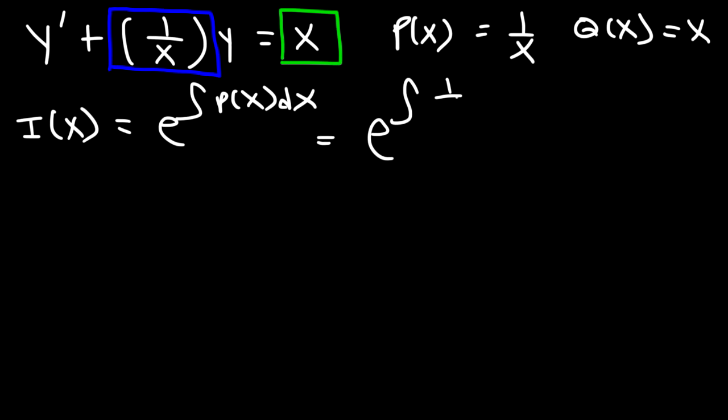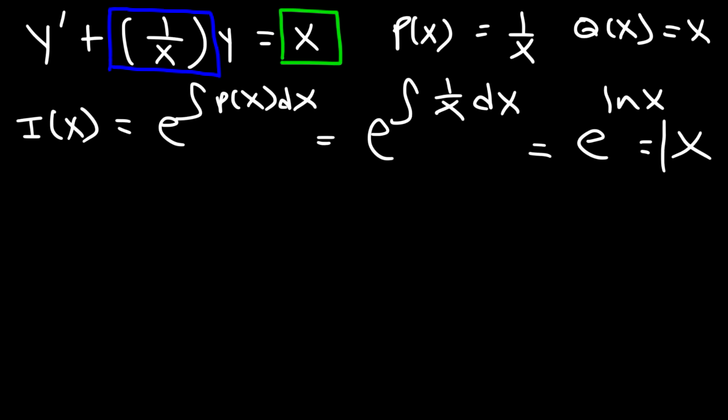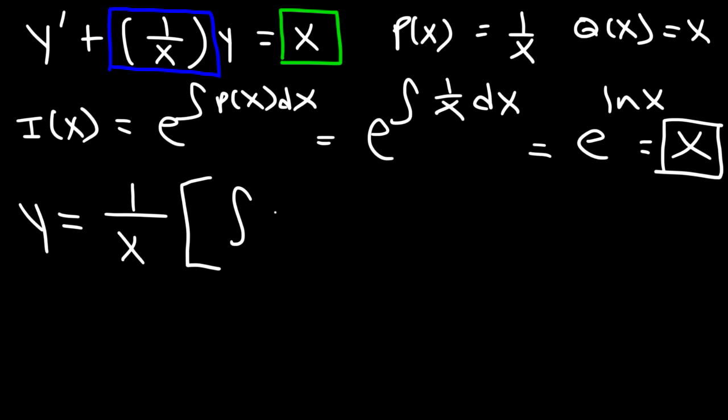So p of x is 1 over x, and the antiderivative of 1 over x is ln x, and e to the ln x is simply x. So this is the integrating factor, and so y is going to be 1 over the integrating factor, and then times the integral of I of x, which is x, times q of x, which is also x, dx plus c.